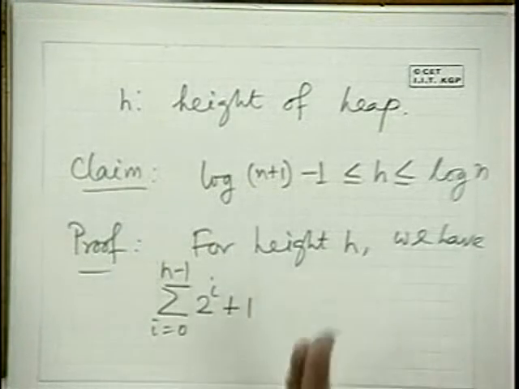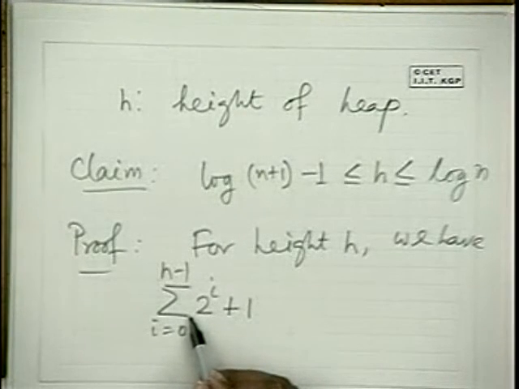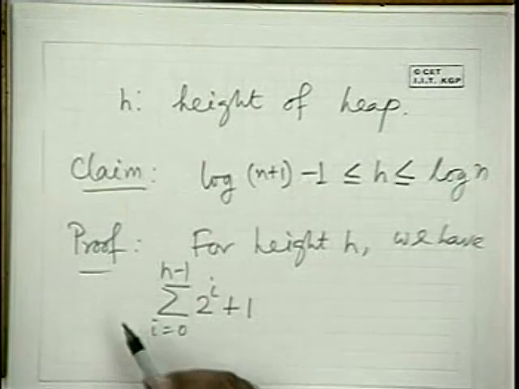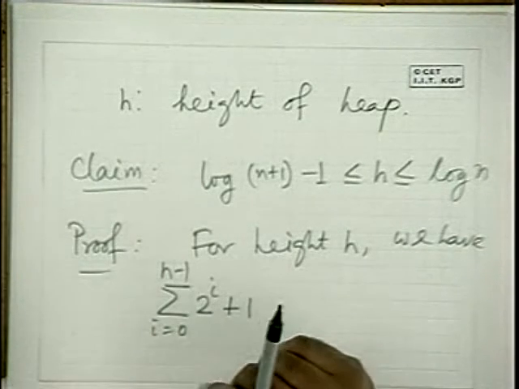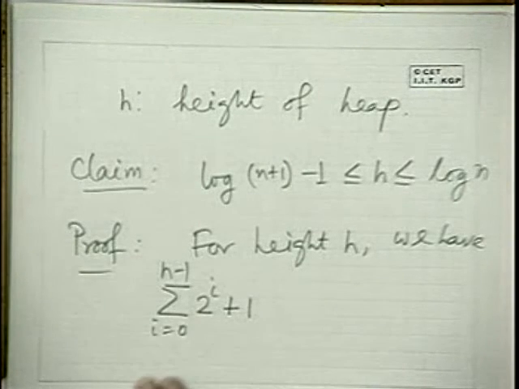If you count it exactly, this is the case. So when i is equal to 0, basically this will give you 2, because how come that is? Oh, I see. What we are taking actually is not only the complete levels, it is also the last level, but we are taking one more node in that level.